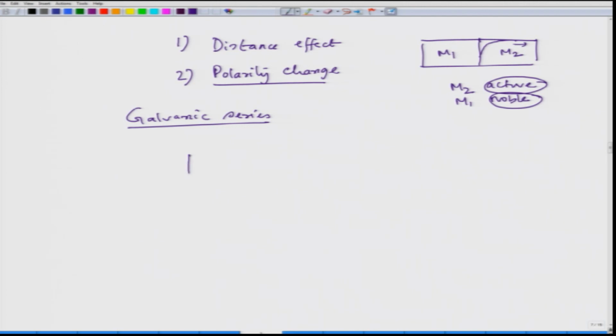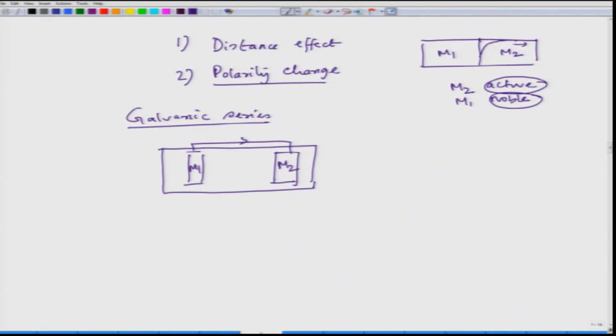Now, if we have a metal object M1 and a metal object M2, and we connect them and put them in a particular electrolyte, let us say an HCl solution, then we simply notice which way current is flowing in the external circuit. If current flows this way, that means electrons are flowing the other way.